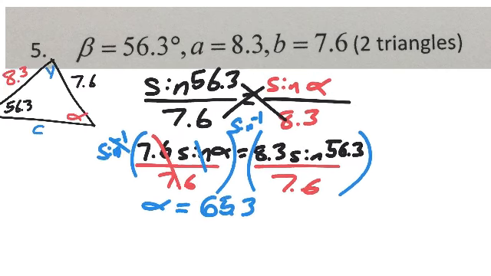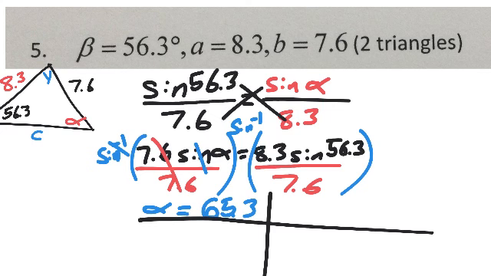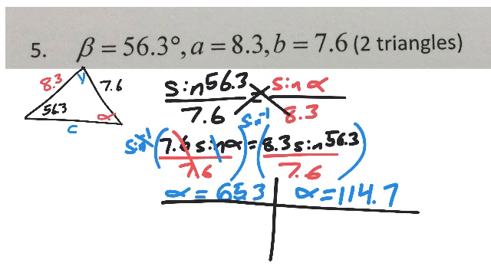But because sine is positive in the first and second quadrants, it could just have a reference angle of 65.3. So the other possibility could be found by doing 180 minus 65.3, which means alpha could also be 114.7. Now we want to make sure that that second case is valid, so we would do 180 minus 56.3 minus 114.7. So you don't always have to do it that way. I guess normally I just add them up.